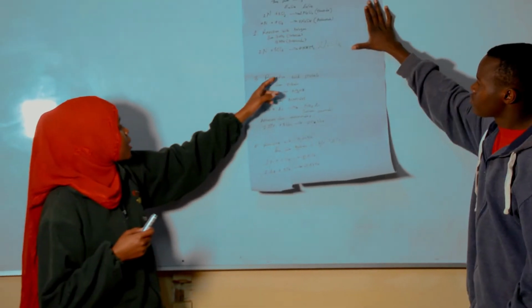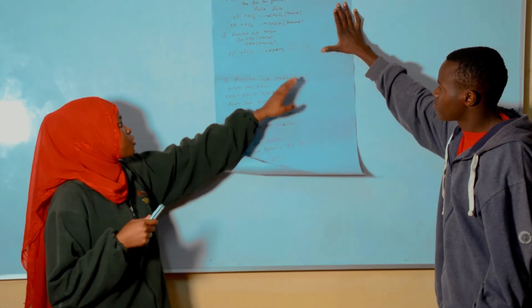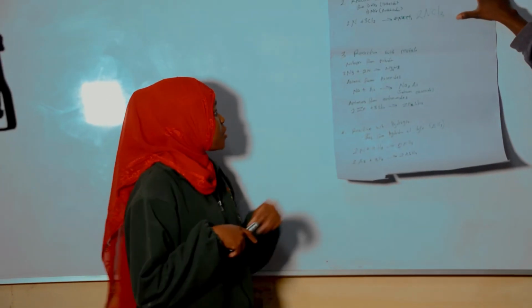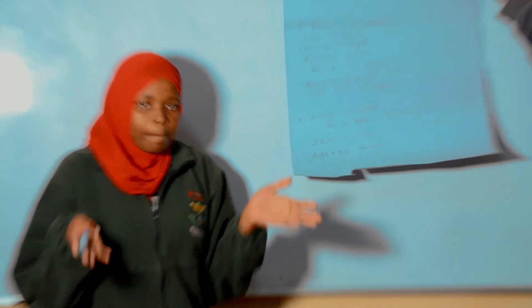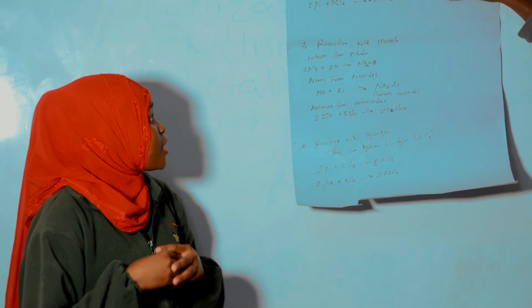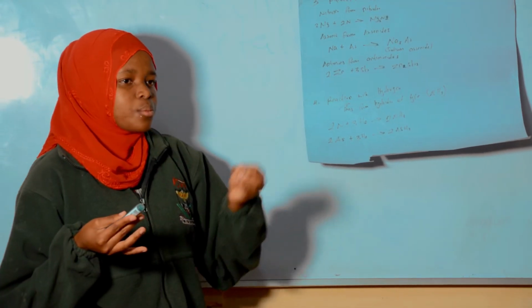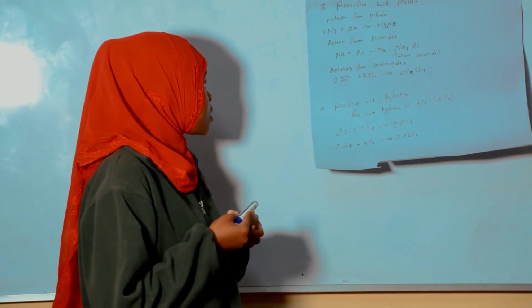The third reaction is the reaction with metals. Group 15 elements react with metals to form binary compounds where they show their negative 3 oxidation state.